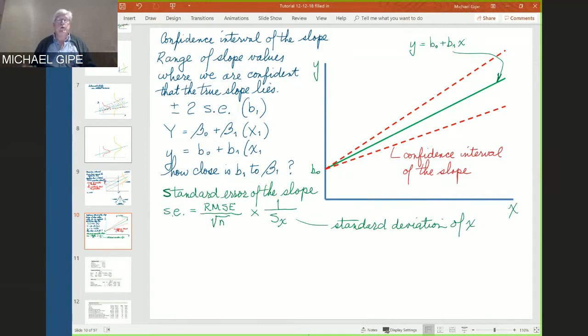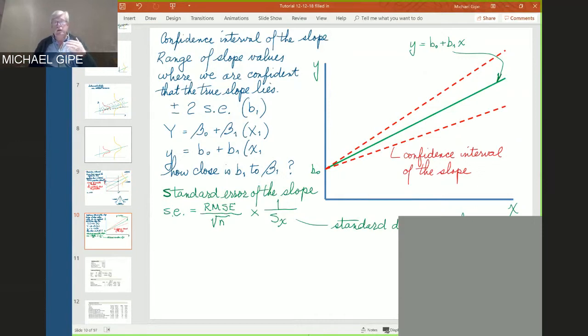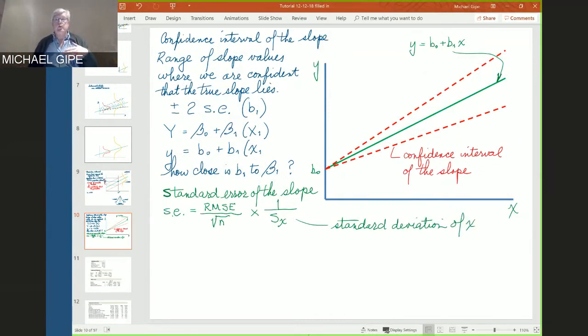And the main thing that we're going to deal with is, is that slope significantly different than zero? Because if it isn't, if zero lies within our confidence interval of that slope, and we couldn't reject the null hypothesis that the slope was zero, then the model has no use for us, because if the coefficient of one of the x variables is zero, then that x variable contributes absolutely nothing to the value of y.